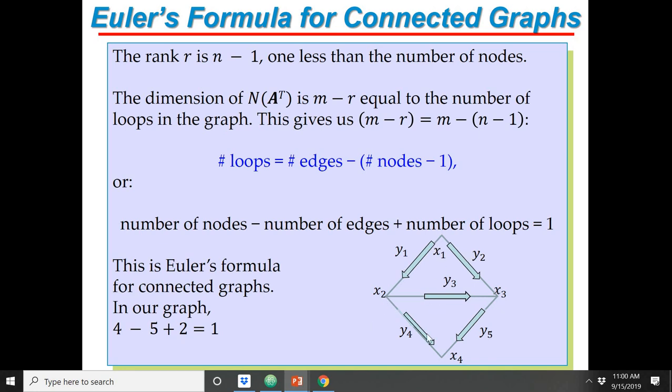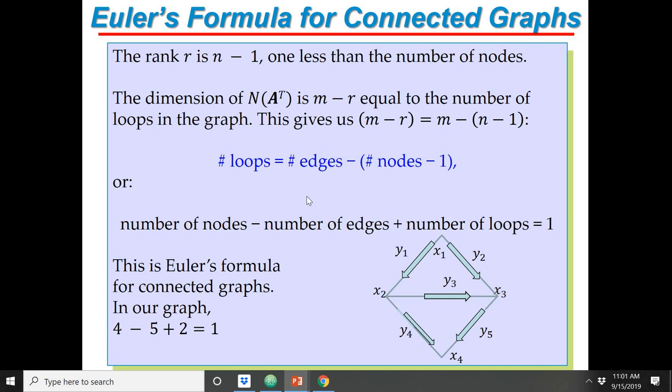You can think of the big loop going all around as the sum of the two smaller loops, so we don't count it. So we have two independent loops, y1, y2, y3, and y3, y5, y4. So we have two loops plus the number of nodes minus the number of edges. The number of nodes in this case is 4.